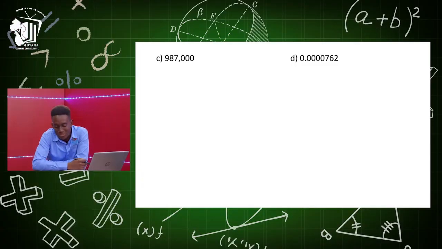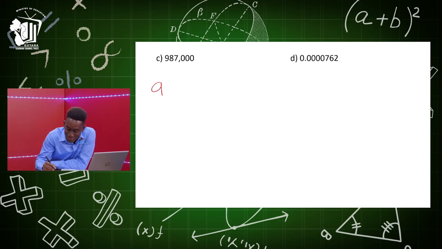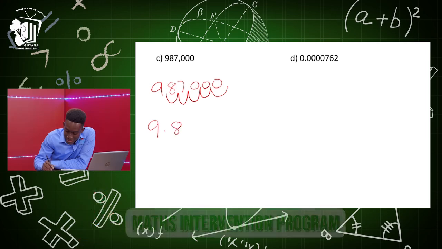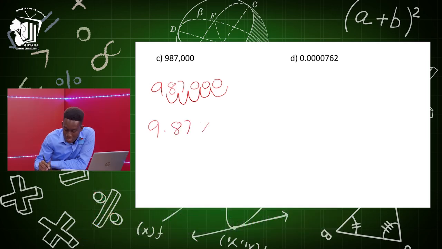So we have 987,000 and we want to write that in scientific notation. Remember, it's the same thing. So we have 987,000. So we see the point is here. So we jump 1, 2, 3, 4, 5. So this will become 9.87 multiplied by 10. Now we're not including these zeros.